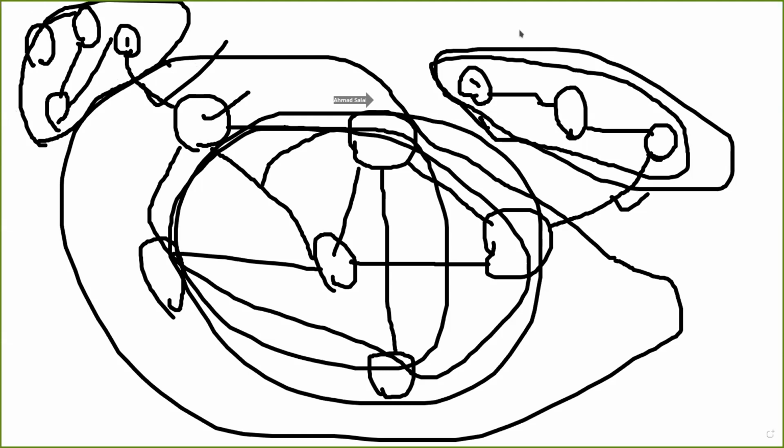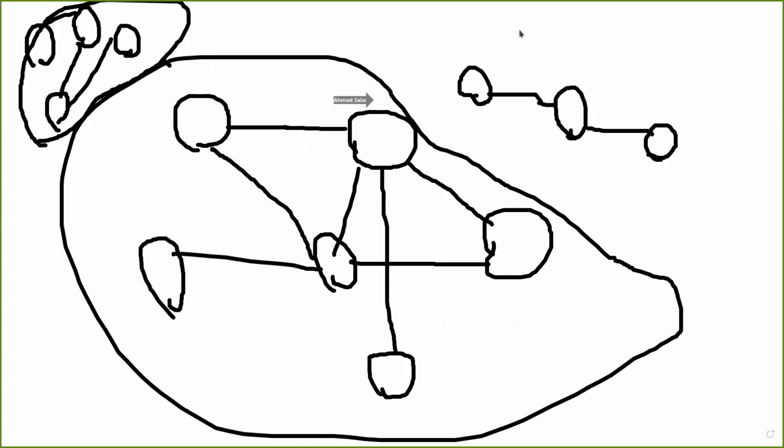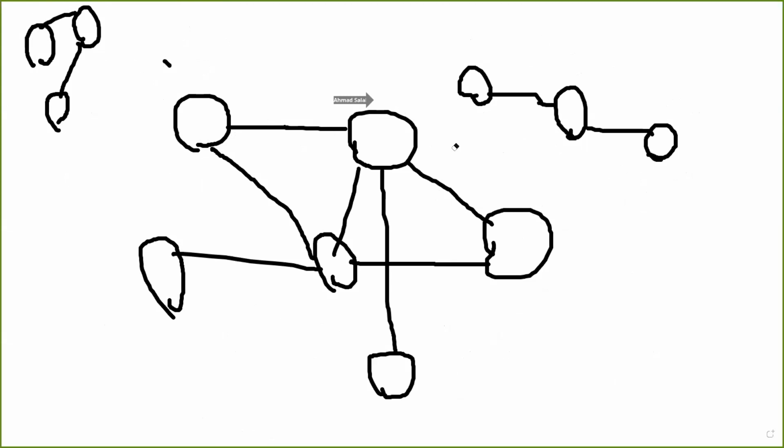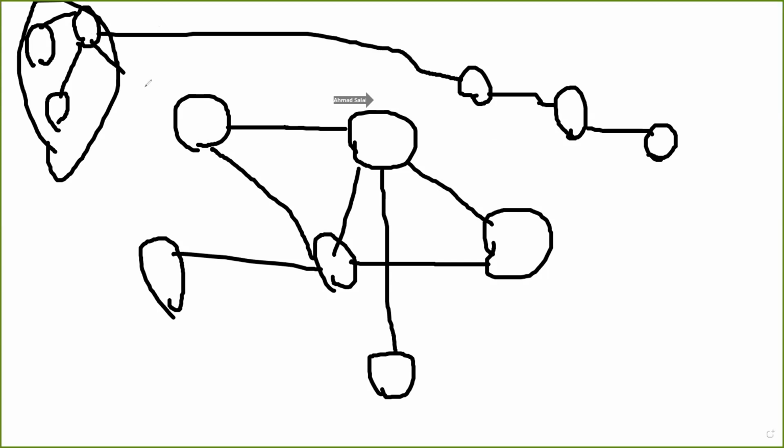Let's make the thing easier. Now that we have three connected components, we don't have to add roads from this to this and from this to this. We can make something easier. We could just hold one connected component, and then add a road from it to all the other components. So add from here to here, then from here to here. That's it.